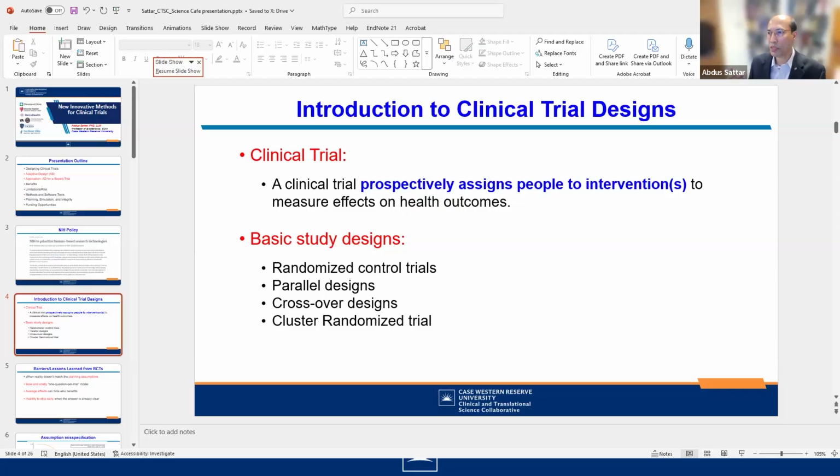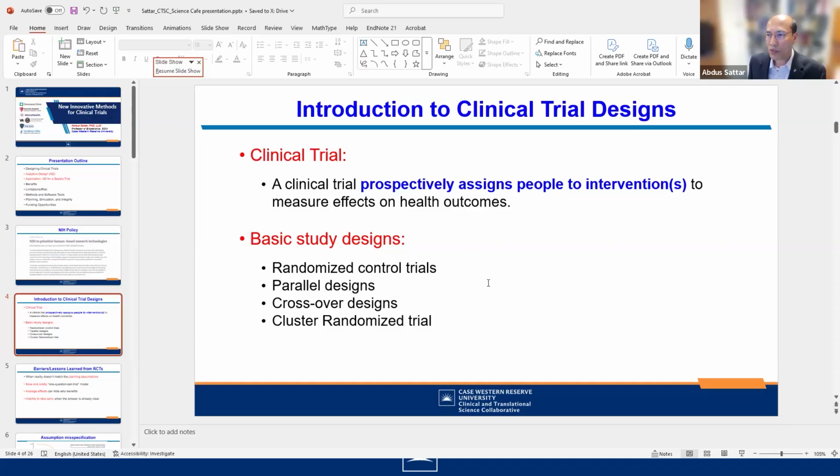One was receiving the placebo, and the other one was receiving the semaglutide treatment for abdominal fat in the HIV patient population. As I said, most of the clinical trials are randomized: RCTs, parallel, crossover, cluster.